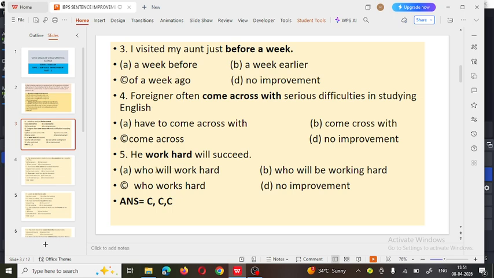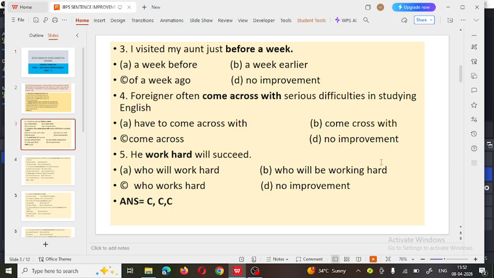Here the auxiliary "will" is used. Who will work hard? It shows that hard working is in future tense. Next part, he who will be working hard, that is also in a future tense. And third part, he who works hard will succeed.